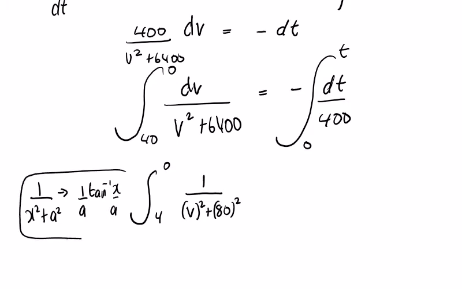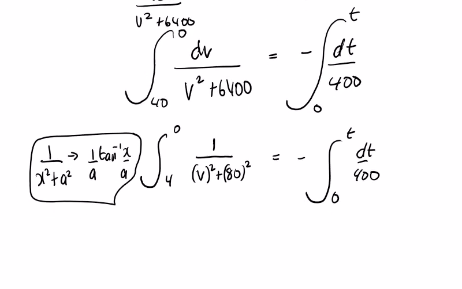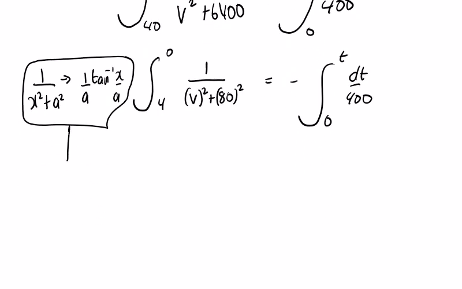So we can use this here, equals minus dt over 400 between t and 0. So if we apply this formula here to my integration, I'm going to get 1 over a, which is the 80 bit, so 1 over 80 by the inverse tan of v, which is my x, over 80.